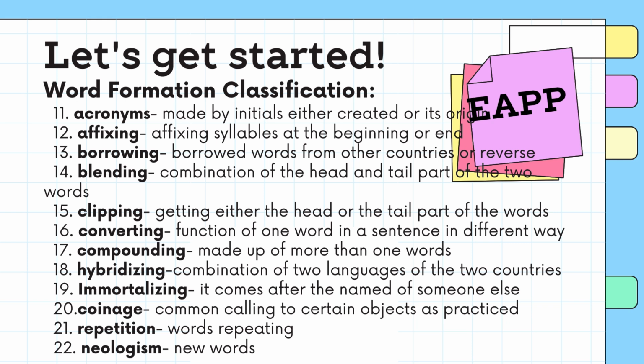The Levi's, taken from Levi Strauss, and Adidas as well. The Muhammad Ali, taken from Muhammad Ali. And San Vicente San Francisco High School, taken from the patrons Saint Vincent and Saint Francis. So all of these are what we call immortalizing words.